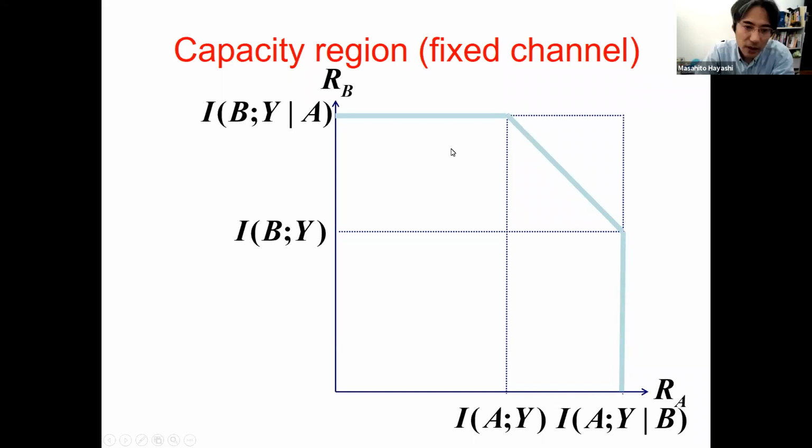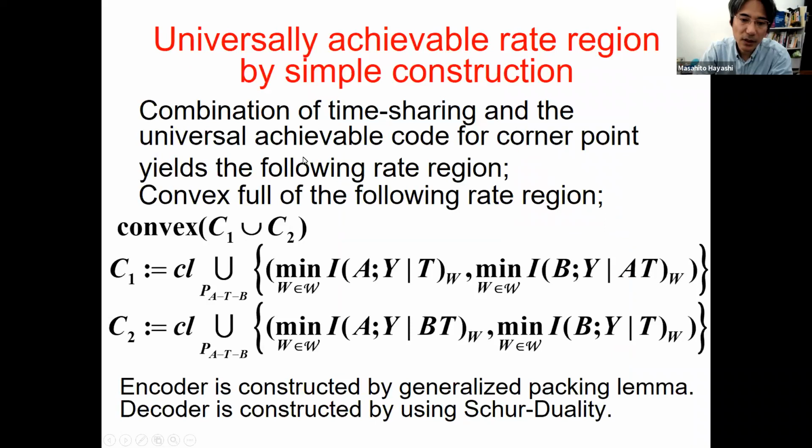This is our result. In our setting, we consider a set of channels W, and we don't know which channel is the true channel. So in that case, we need to construct a universal code. In that universal code, we can achieve this corner point. So here is a corner point, and we consider the minimum value of this one and this one.